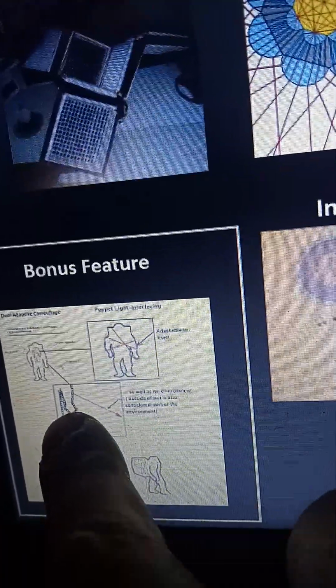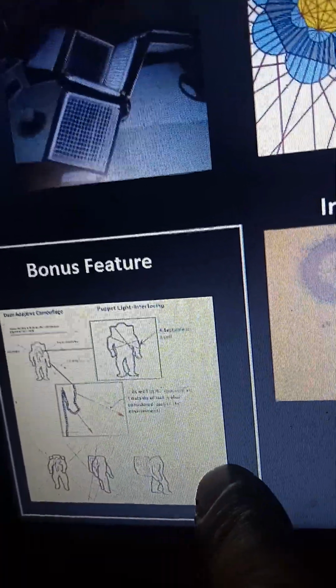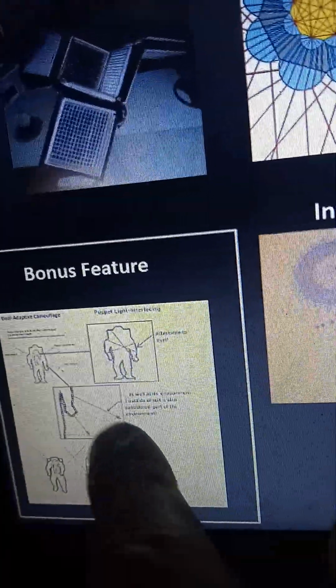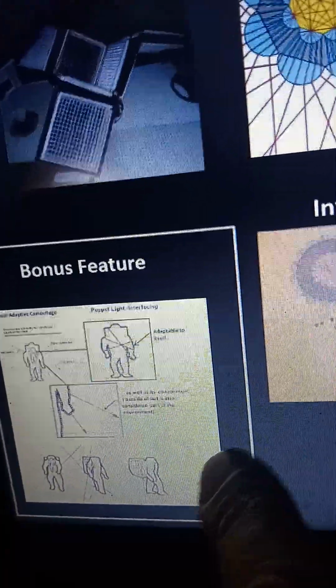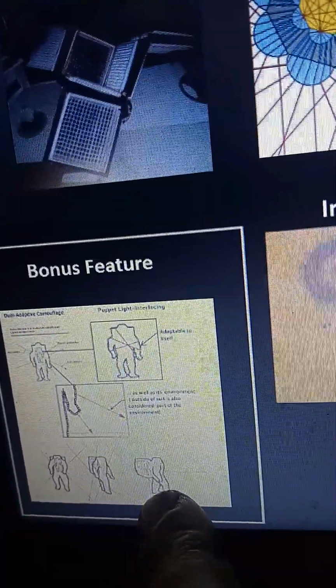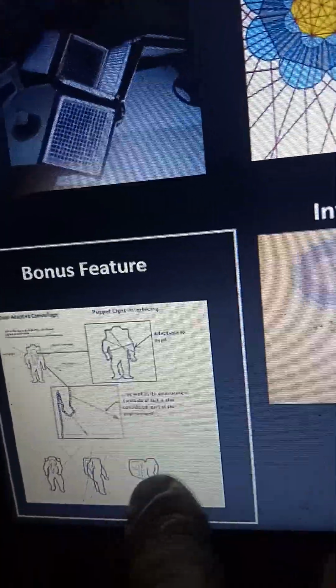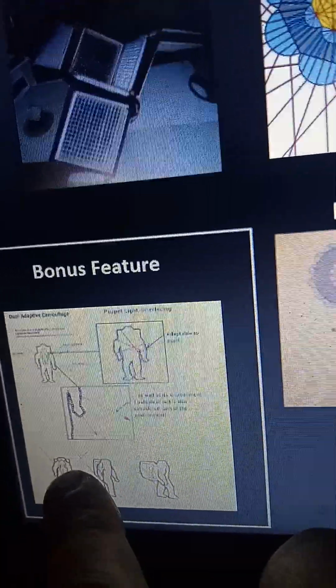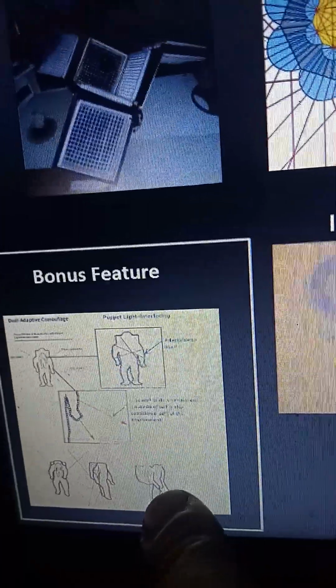The suit is also considered part of the outside environment, so it's adaptable to the interface and the environment outside. And this is an illustration of what an invisible suit would look like, going through rays of light. It would go through the interface, the puppet interface.